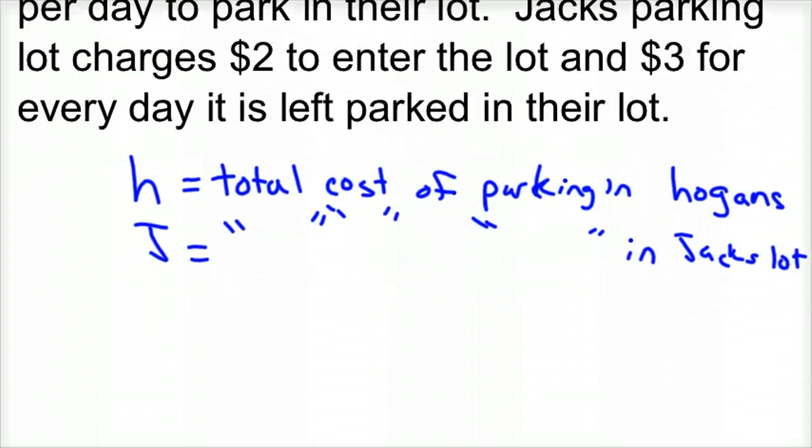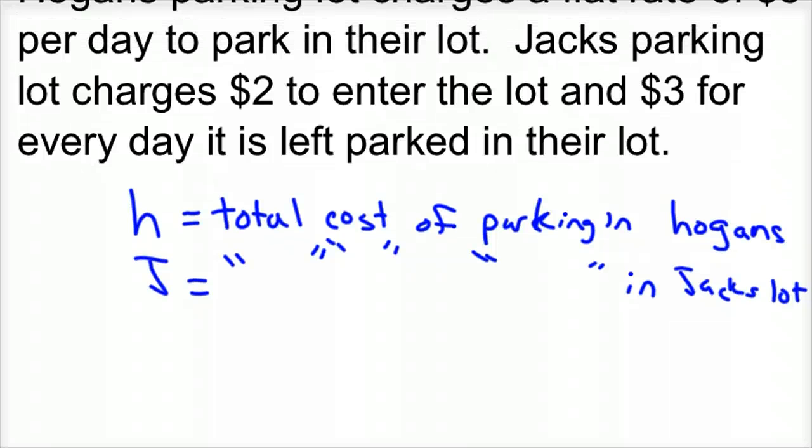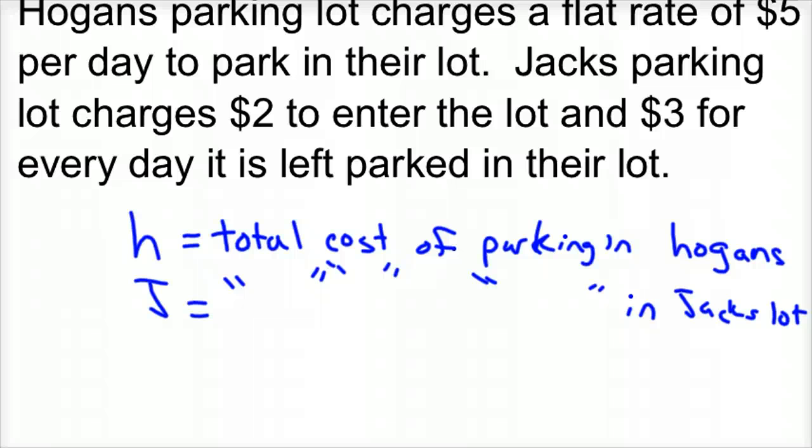All right. And we're not worried about the possessive apostrophe. But anyway, so the cost of parking, and I'm going to let d represent the number of days parked in the lot.